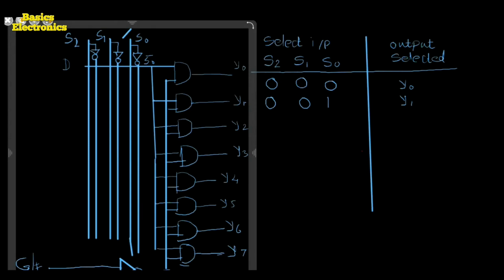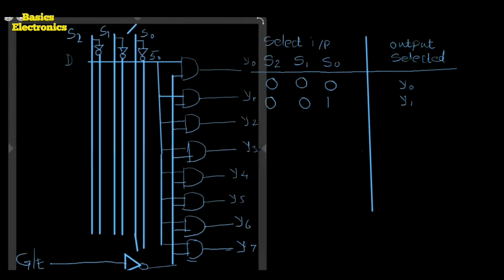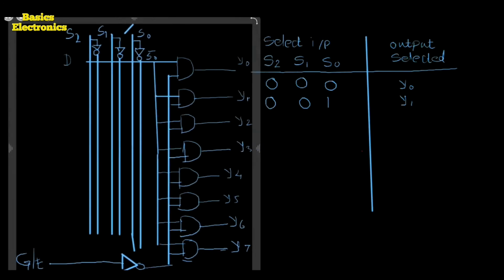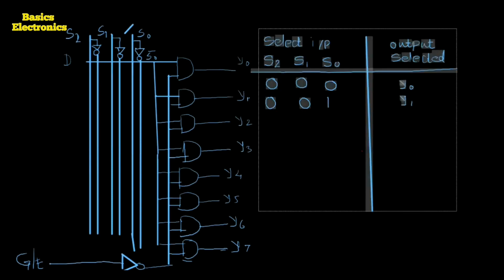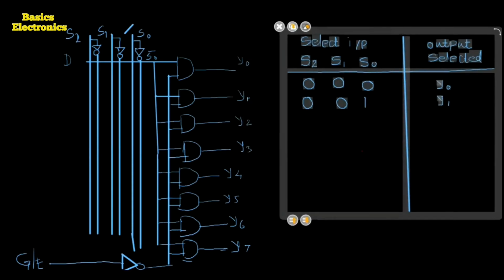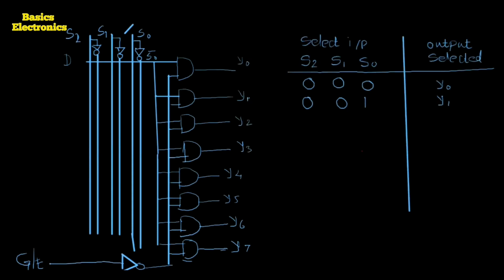So for that, we make the connections. Here we have to apply the select codes S2, S1 and S0 to each of the AND gates. But for the first AND gate, we require to apply the input codes available in the truth table. Wherever there is a low input, a 0 in the select code, for that particular gate we make the connection as the active low connection.